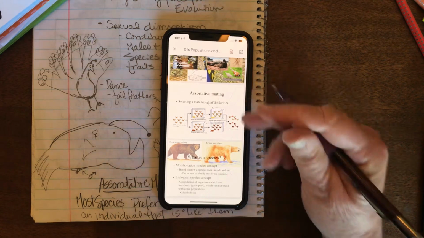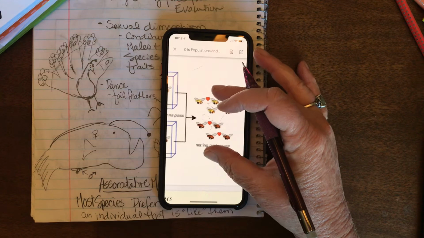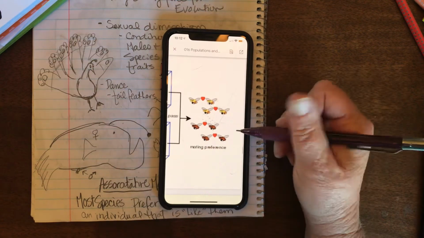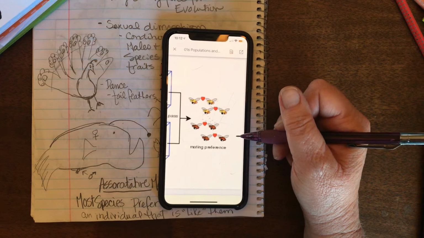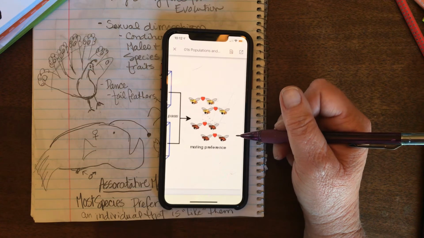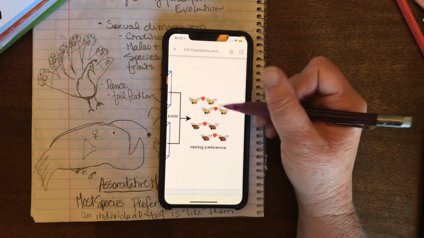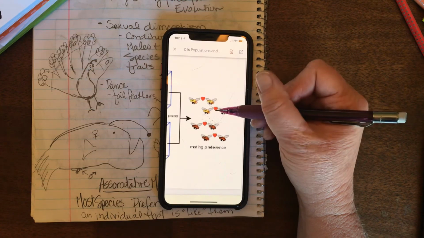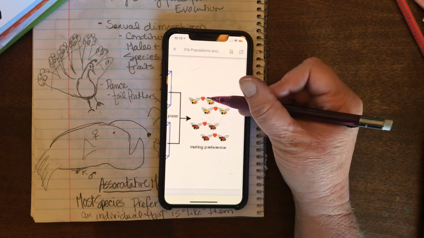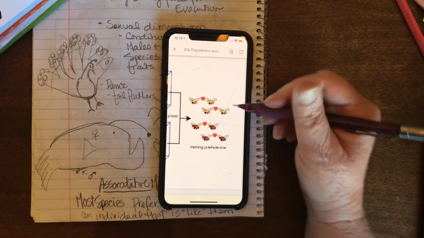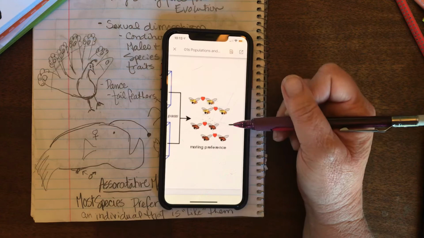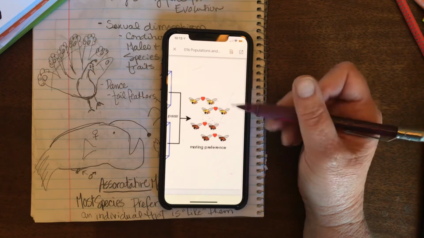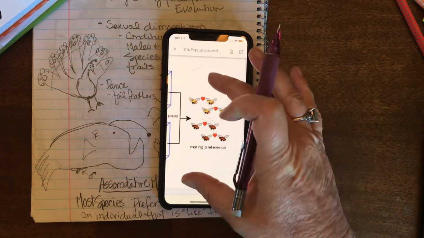And what they discovered is that the fruit flies that ate the same food source were more likely to pair up, by a lot. So these guys that were eating this yellow food, as they've labeled it, got together and had offspring, and the ones that were eating the brown food got together and had offspring, even though they had equal opportunities to mate with each other.